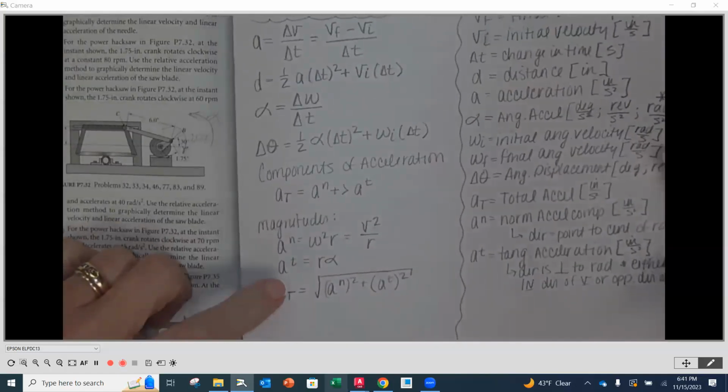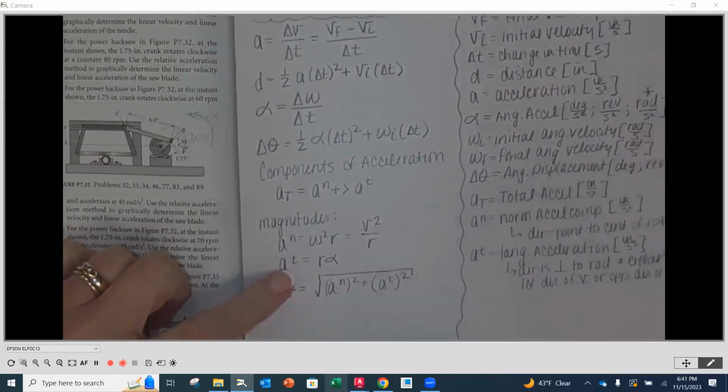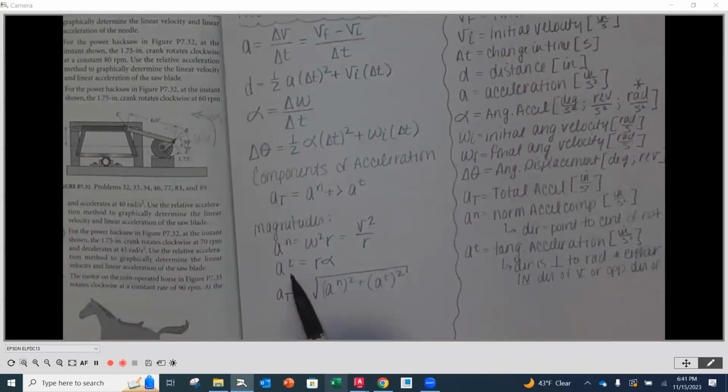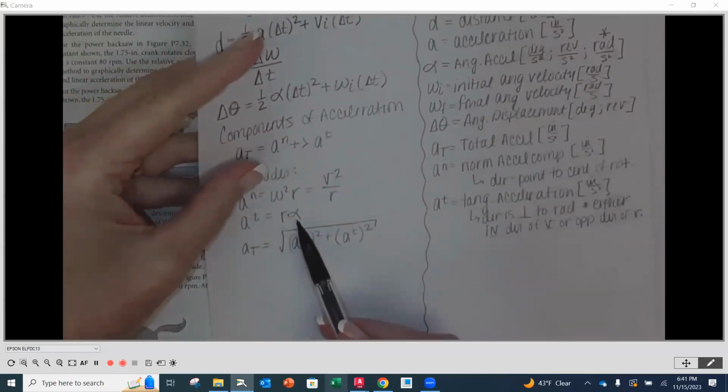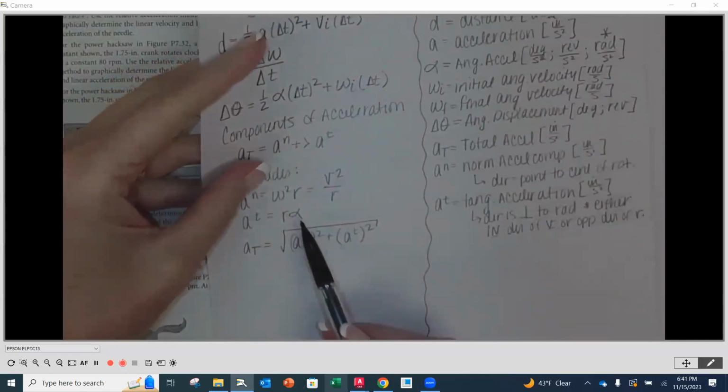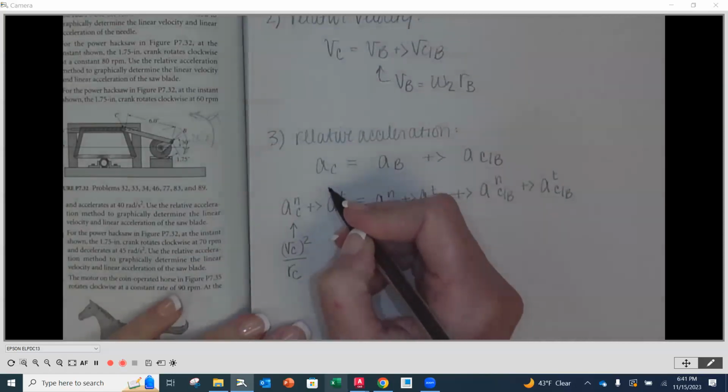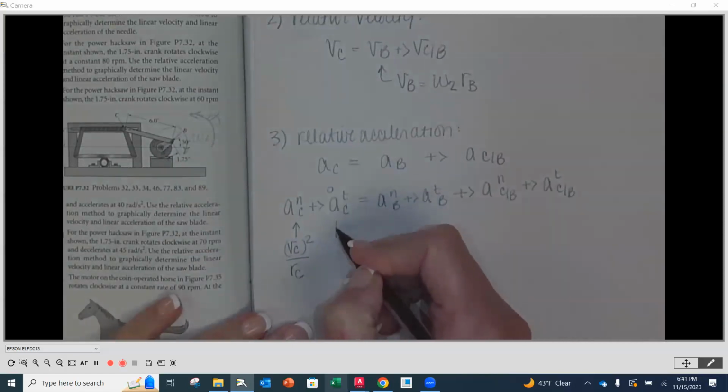Then our tangential. Now, our tangential is actually going to be a magnitude that we're going to get from the vector diagram. It's going to be unknown to us, and we're going to use it to then calculate the alpha of number 4. So we won't know the magnitude; we're actually going to measure it.